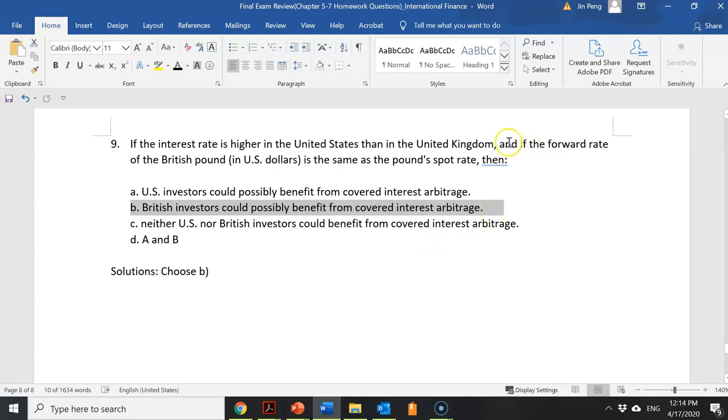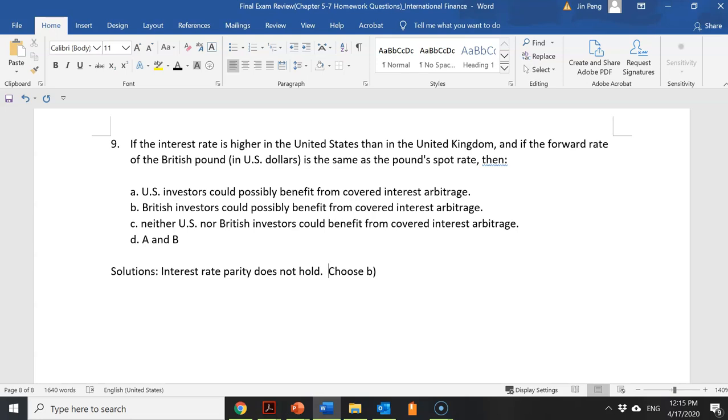Okay, so here we know the interest rates are different between the two countries. However, the forward rate and spot rate are the same between the two currencies. So we know interest rate parity does not hold here.